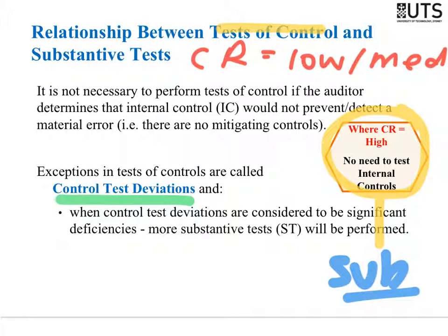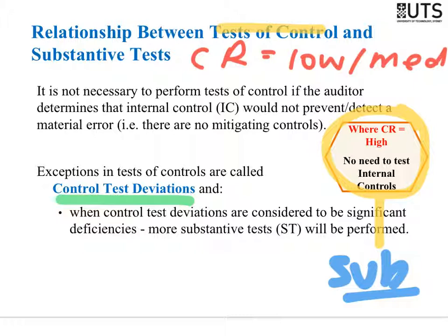Okay? A control deviation is any instance that the control does not work. So if you go back to that credit limit control we were talking about, if you put in a customer's details and the system should reject but it actually accepts it, that's a control not working. That's what you call a control deviation.